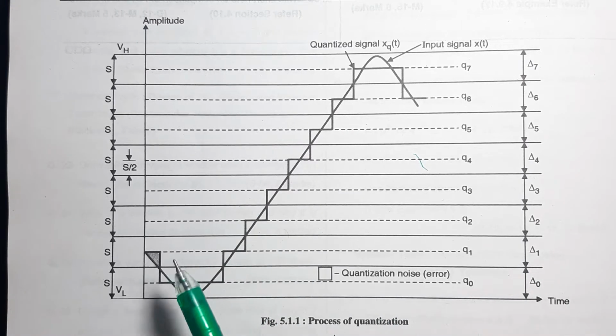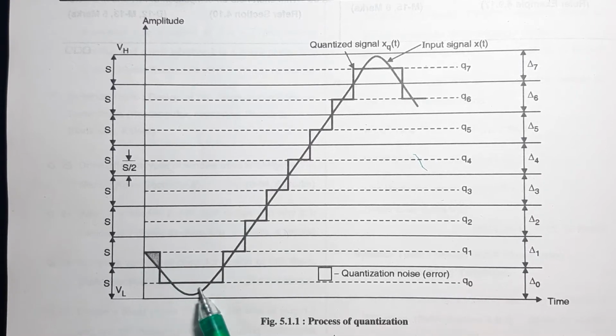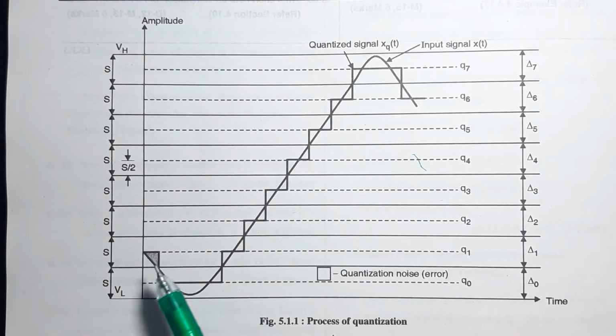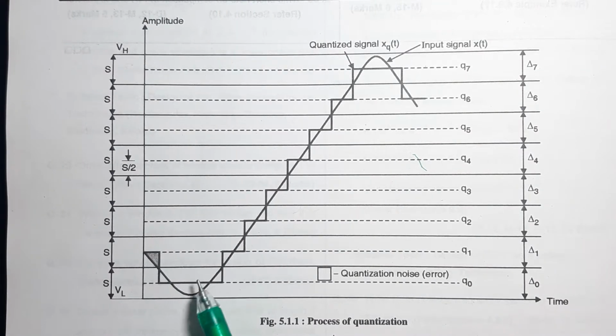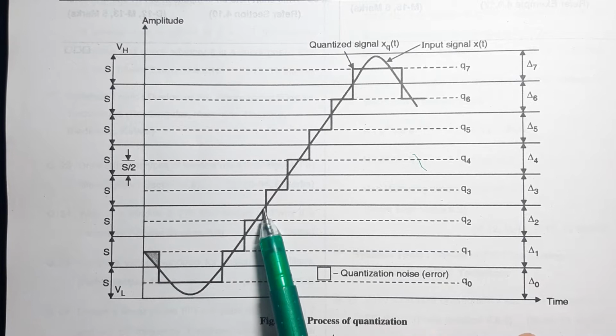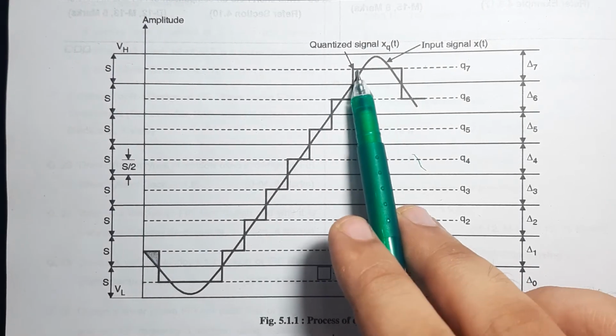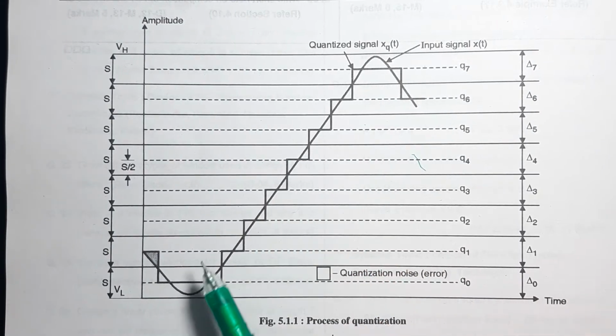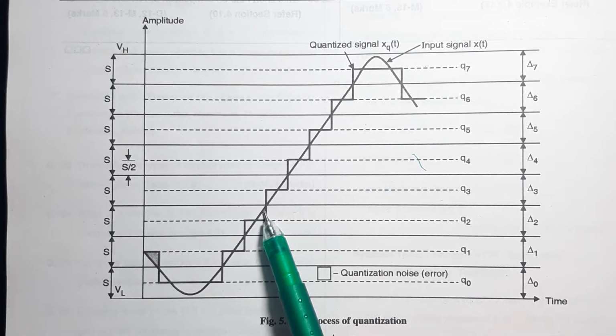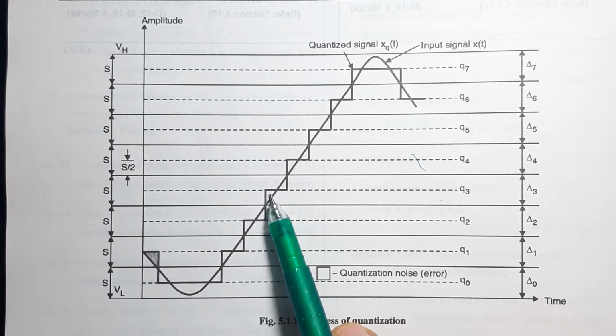If you look properly, there is a sine graph over here which is being scaled against certain step size instructions, and the continuous analog signal is being converted into a digital format.